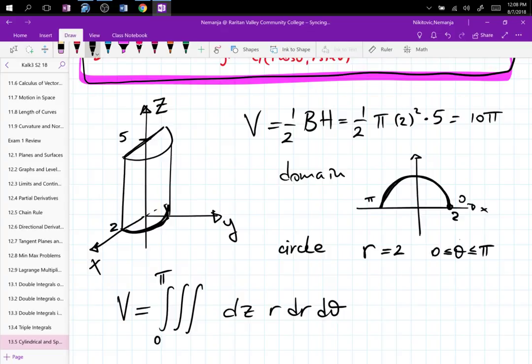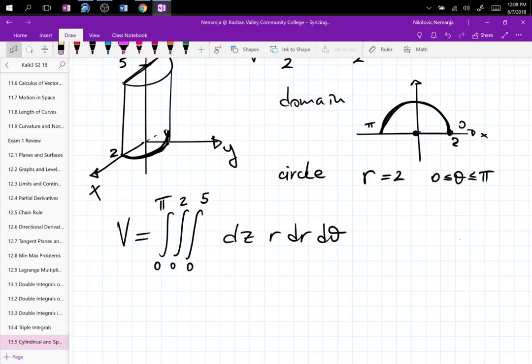Radius r goes from 0 to 2 because there is no hole, there's no second semicircle or anything inscribed in terms of flowers or whatever, so it's just 0 and 2. And then z, two flat planes. There is a plane at 0, which is the floor on which this object rests, and the elevation 5, straight flat thing on the top. So there is the integral, and the answer for this is 10 pi.